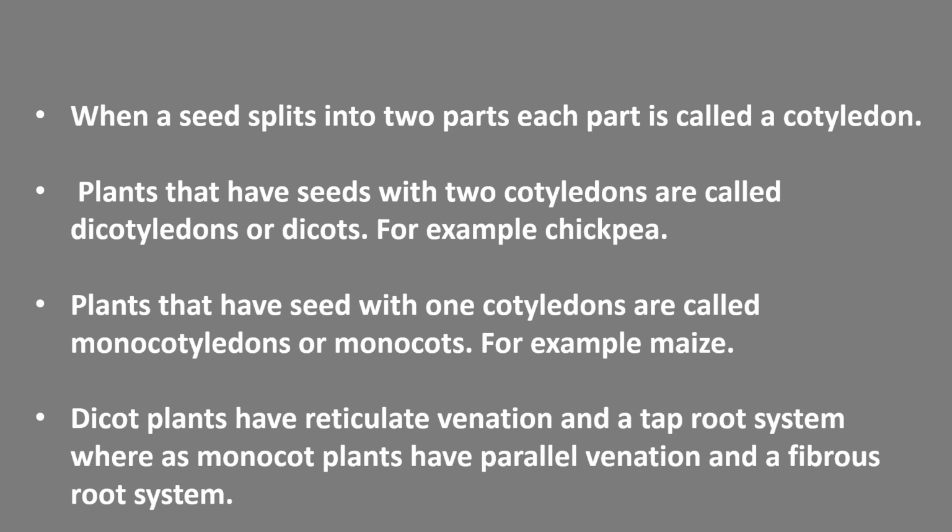So dicot plants have reticulate venation, meaning net-like structure on the leaves, and they have taproot, one main root. Whereas monocot plants, monocot means with one cotyledon, have parallel venation, the leaves show parallel venation, and they have fibrous root system.